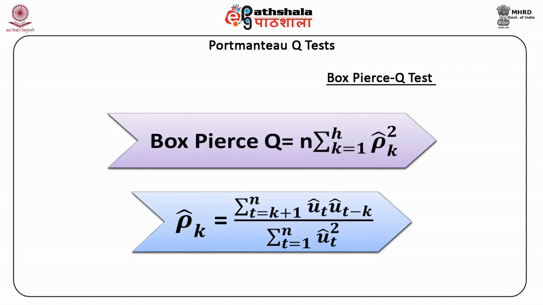Summation is where T is equal to 1 to N. UT hat is the estimated disturbance at the Tth observation. So in this case, if residuals are white noise, the Q statistic follows a chi-square distribution with H degrees of freedom.